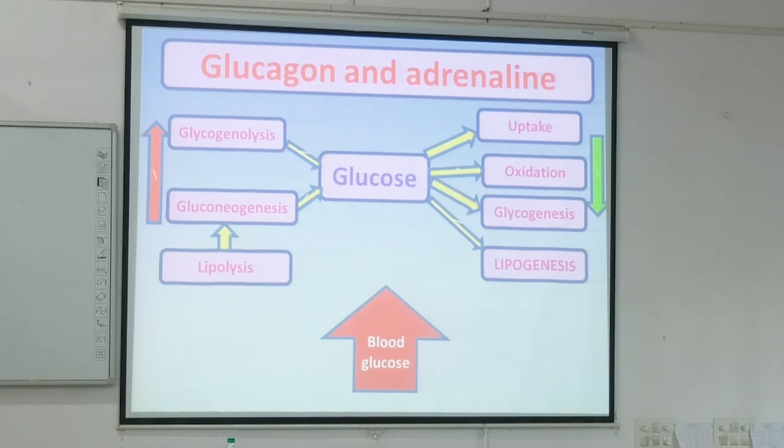Right? Will be increased. Lipolysis will take place. Why? It is not the action of glucagon, but it is the withdrawal of action of insulin. Can you remember?